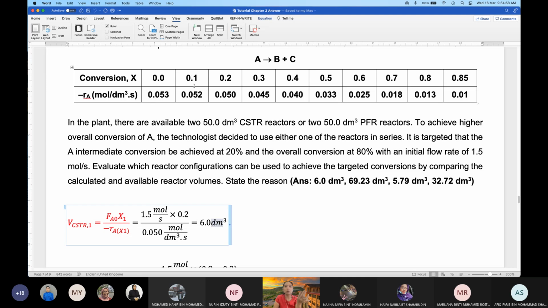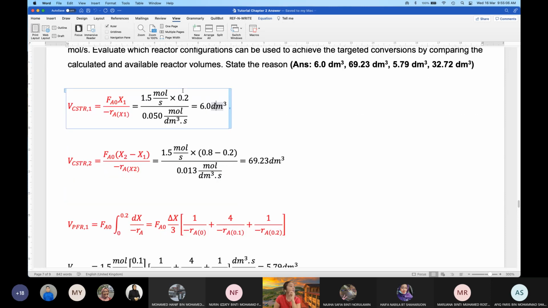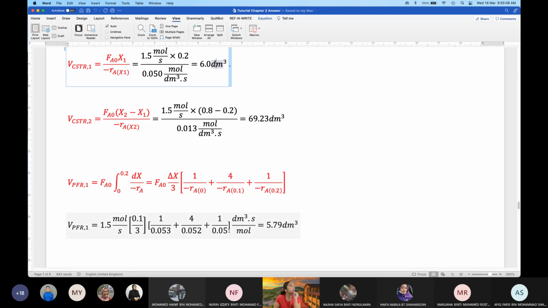At 0.1, minus RA is 0.052. At 0.2, my minus RA is 0.050. So you take just these three values, you replace into the equation, you get the volume of 5.79. Okay, so for the first PFR to achieve 20% conversion, I just need 5.79 dm3. Okay, so again, why is it so small?